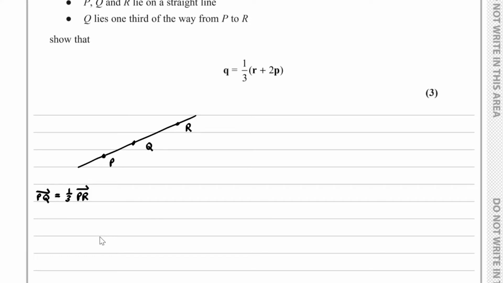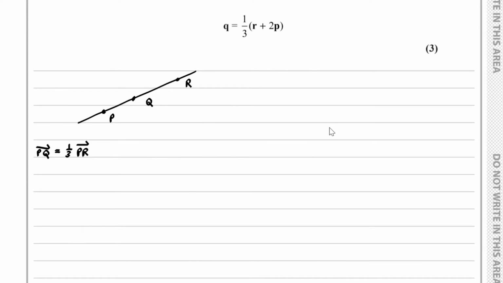Now, the vector PQ, that's equal to q minus p. And the vector PR, that's equal to r minus p. And we simply have to rearrange for q. So if I multiply the 1/3 into the bracket, we have 1/3 r minus 1/3 p, and this is equal to q minus p.